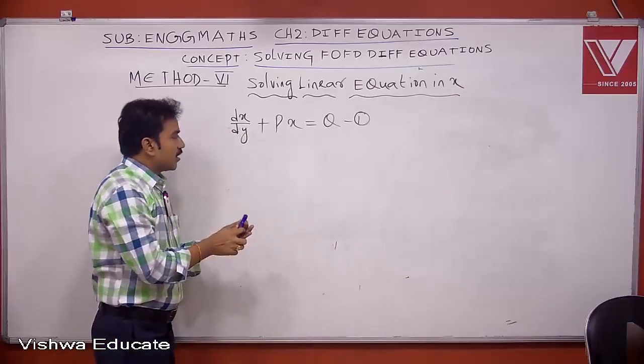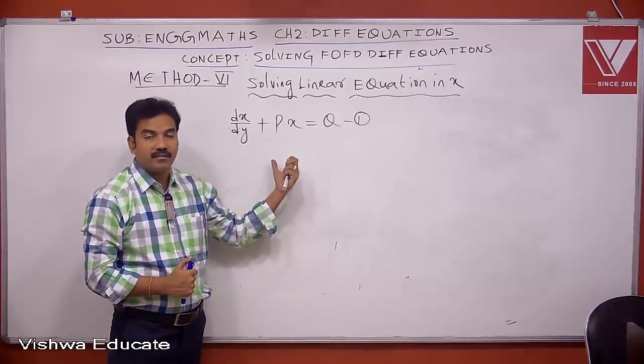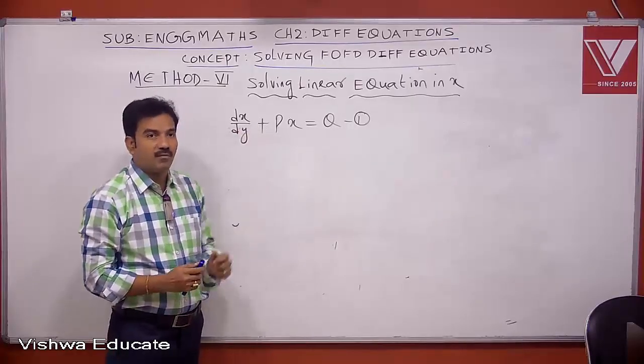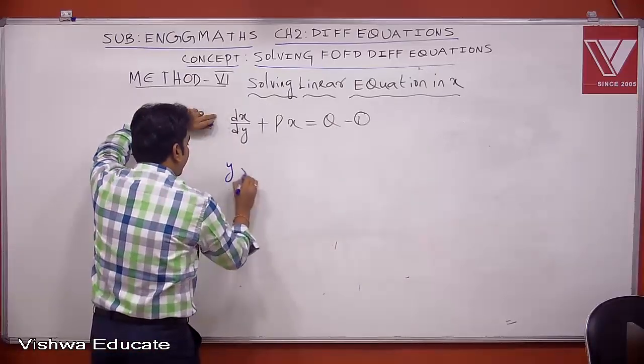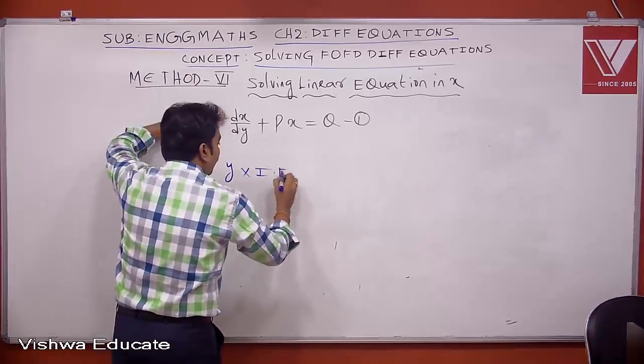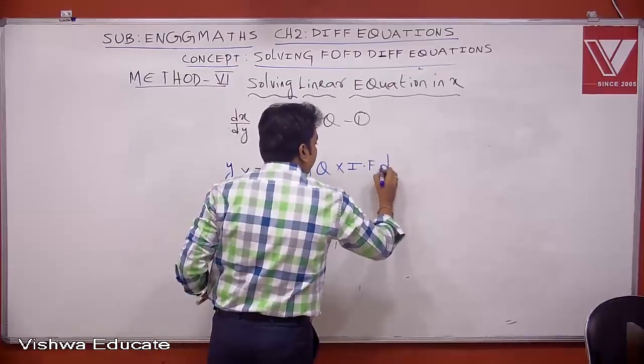Now here the general solution of this equation is the same as the general solution of method number 5, that is, solving a linear equation in y. In case of a linear equation in y, the general solution is y times IF equals the integral of Q times IF dx plus c.